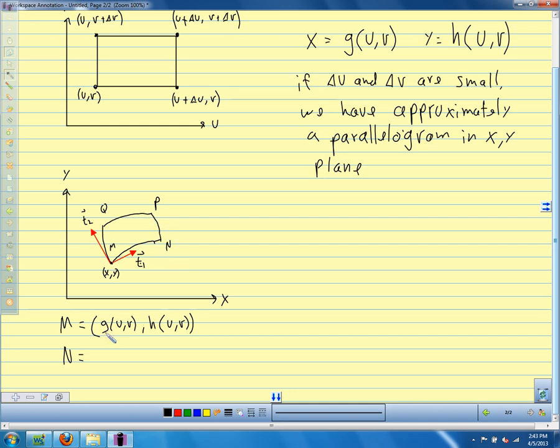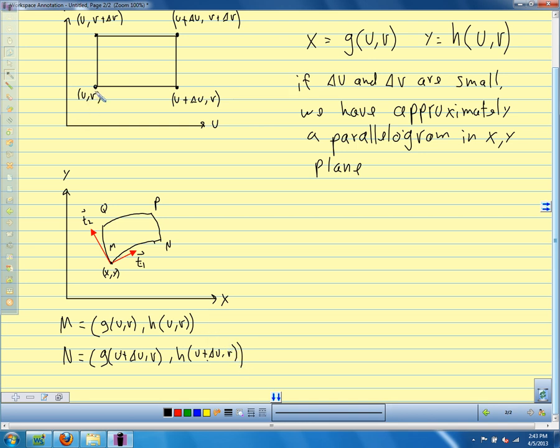So point N is going to be g of u plus delta u comma v, and my y coordinate is h of u plus delta u comma v.